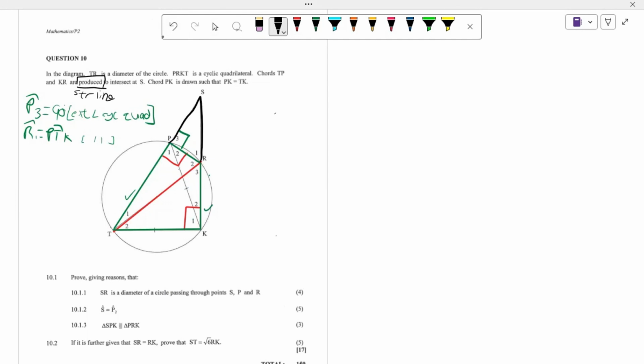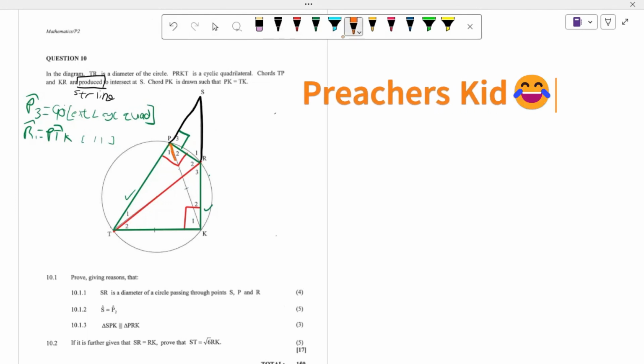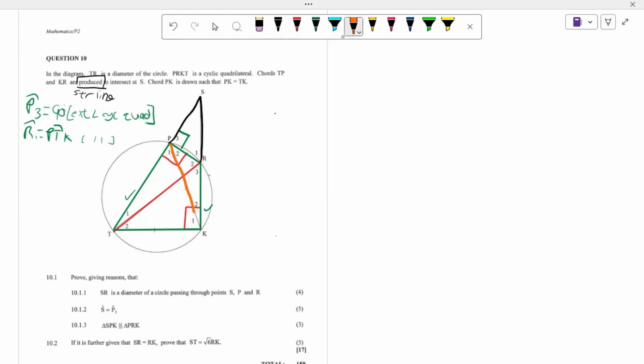Then lastly, they say chord PK. So here's my PK. Chord PK is drawn such that PK is equal to TK. So I have this being equal to this.